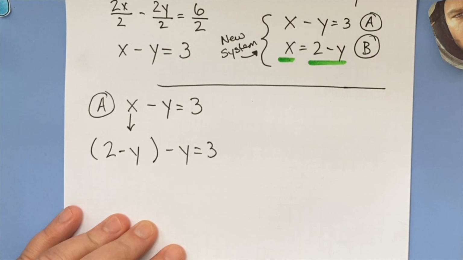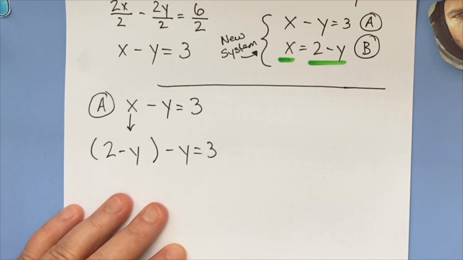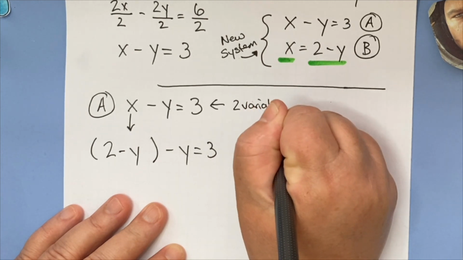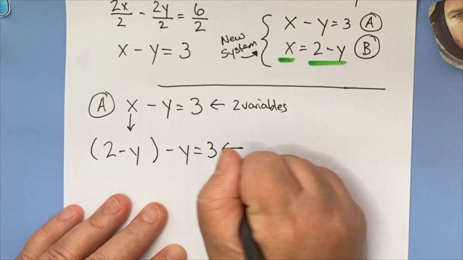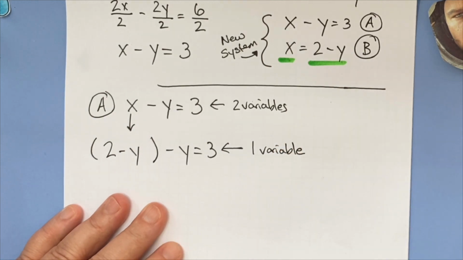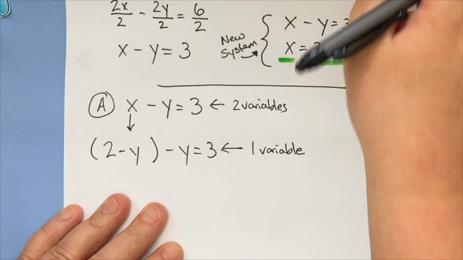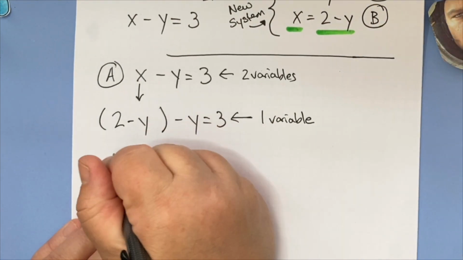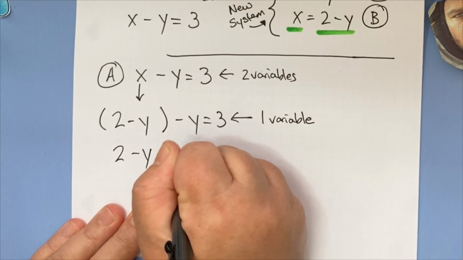Now, why is this helpful? Well, this is helpful because here I have 2 variables, and here I have 1 variable. So I've gotten rid of one of the variables, so it's going to be easier to solve. Okay, once I remove the parentheses, I get 2 minus y equals 3.